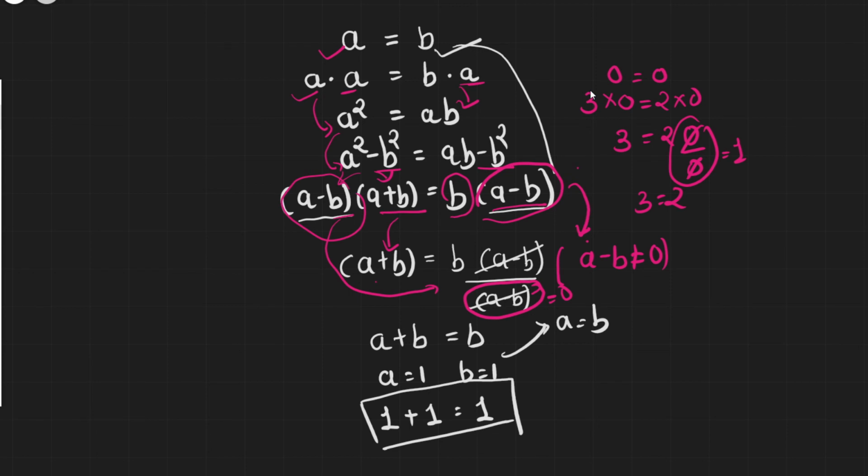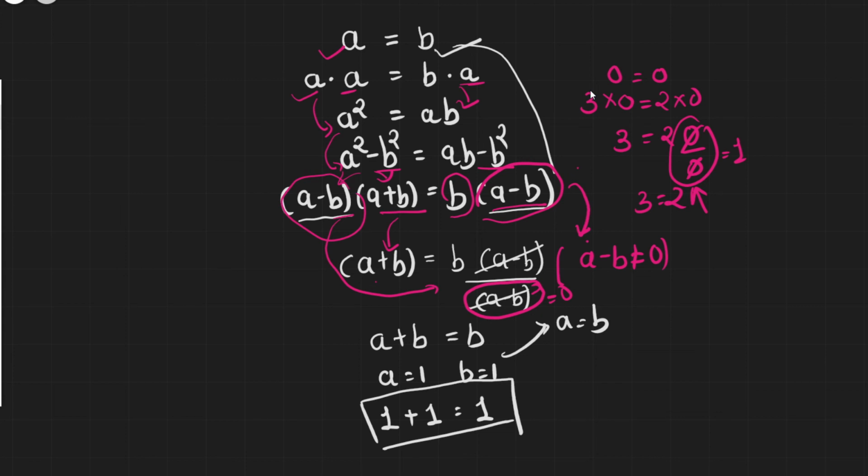So that's why we can't divide anything by 0. And this has different types of answers. In the next video we will see what is the value of 0 by 0. Is it 1, is it 0, or is it infinite? We will see that in the next video.